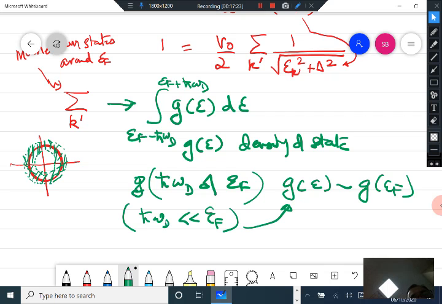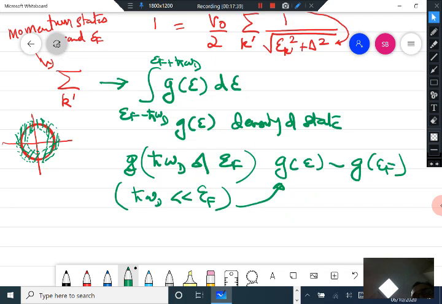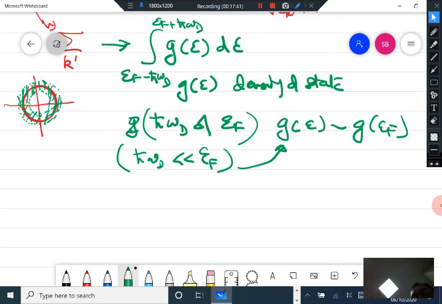So this summation over the different momentum states can be taken as an integral over the density of states, because that will give you all the states present around the Fermi energy, where the density of states is that at the Fermi energy.